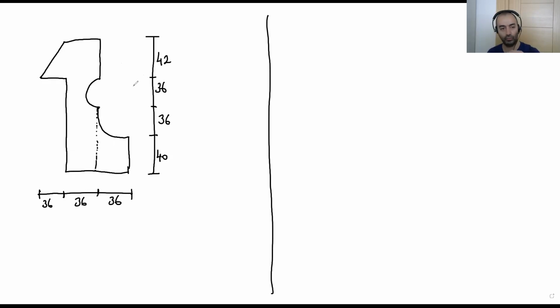Okay, you can see our shape. As you can see, this area inside the black lines is our area. So we are looking for the centroid point of this member.